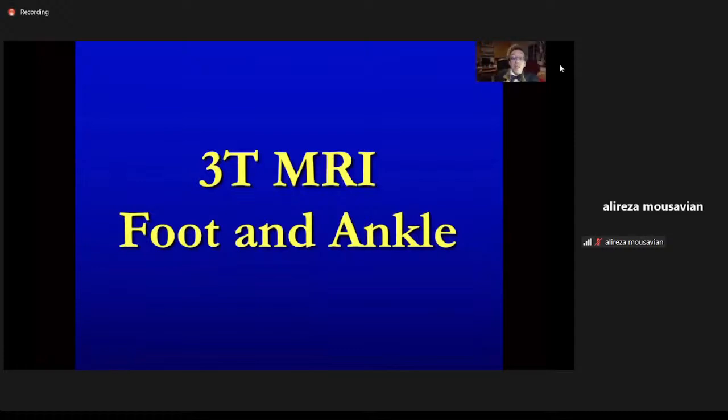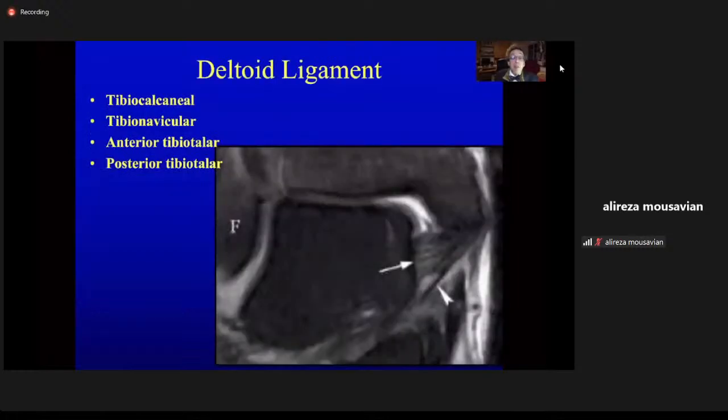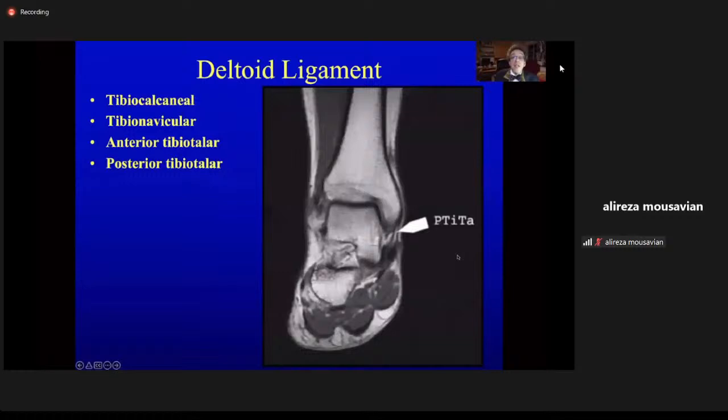Now, if we're still suspicious, we may use a 3T or a regular 1.5T MRI. We wrote a paper on this with my musculoskeletal radiology colleagues at Hopkins, looking at the utility of a 3T MRI. And certainly we could see very beautifully the fibers of the deltoid.